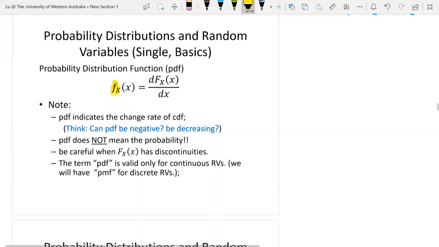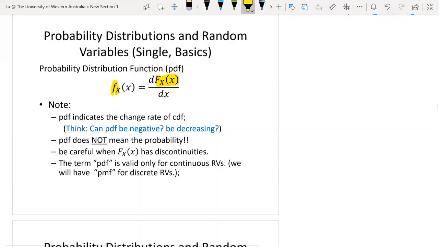So the PDF function is defined as the change rate of the corresponding CDF function for the same random variable. The definition is pretty simple, but the important thing for PDF is to understand the relationship to the CDF function.